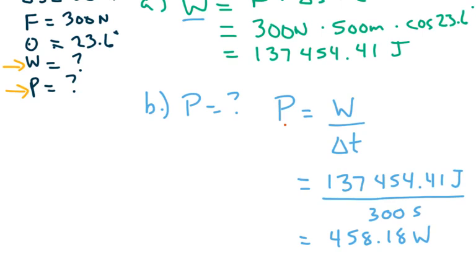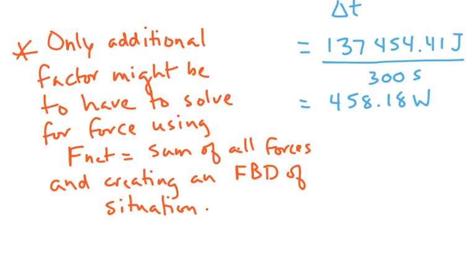But this is probably the most complicated. One step further might be to get you to potentially solve for the actual force. But other than that, this is how we do power problems. The only additional factor might be to solve for force, and we know how to solve for F net.